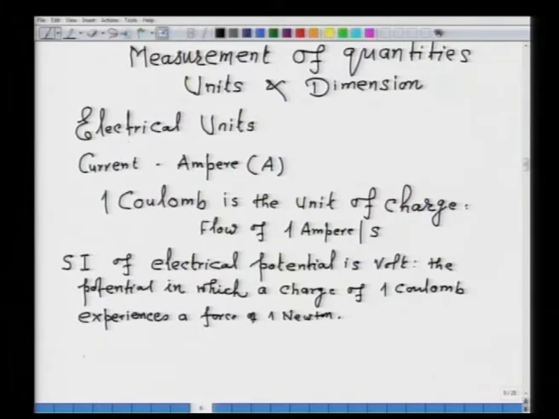Now, as also you know, SI unit of resistance, do you know what is SI unit of resistance? That is ohm.